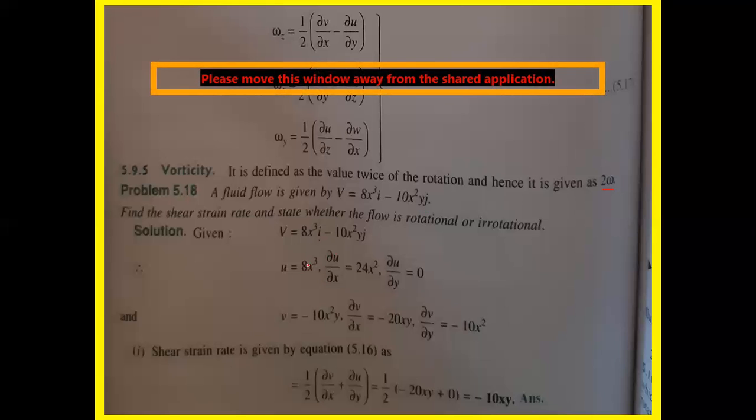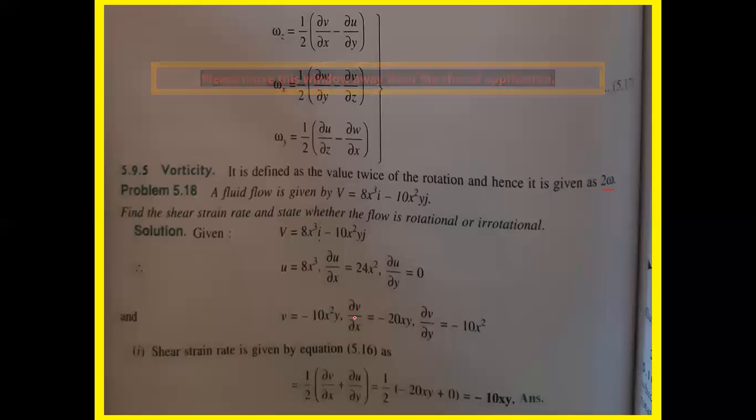Differentiating it with x, we get 24 x square, dou u by dou x. With y, that is 0. Now v is equal to minus 10x square y, so differentiating with x, we get minus 20xy. Differentiating with y, we get minus 10x square.